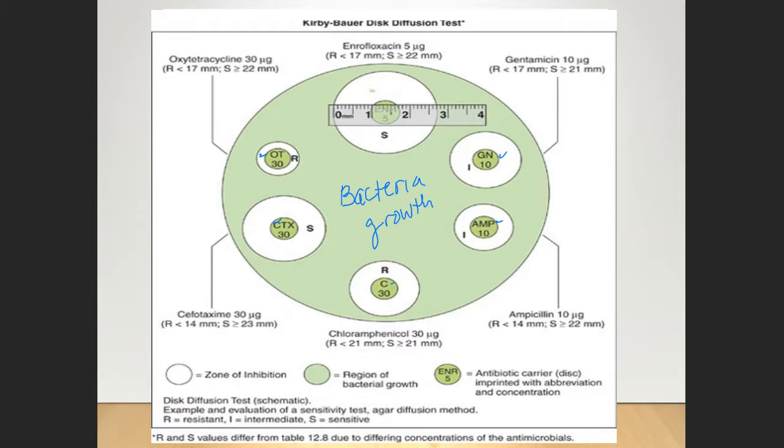Let's see what type of bacteria they use. It doesn't say, but let's say this is used on Staph aureus, Staphylococcus aureus. So this is actually a lot of Staphylococcus aureus growing in this petri dish, right?